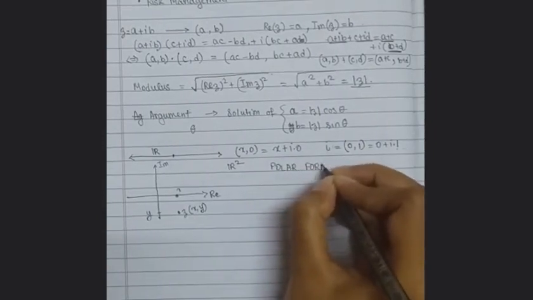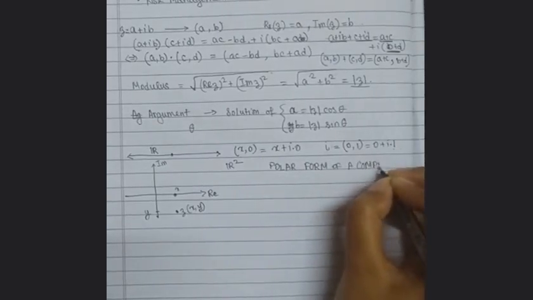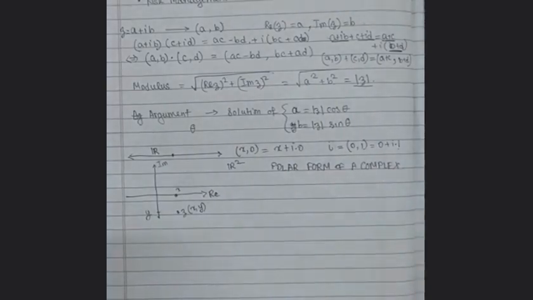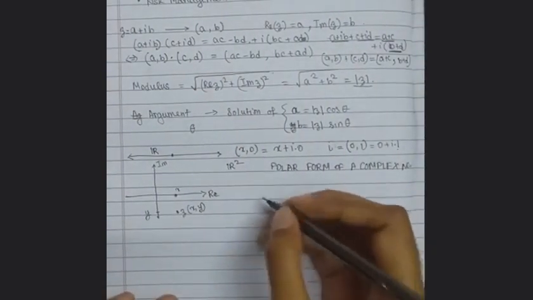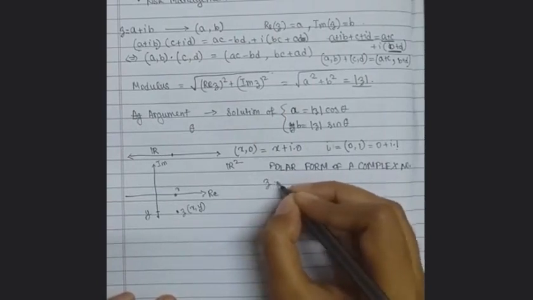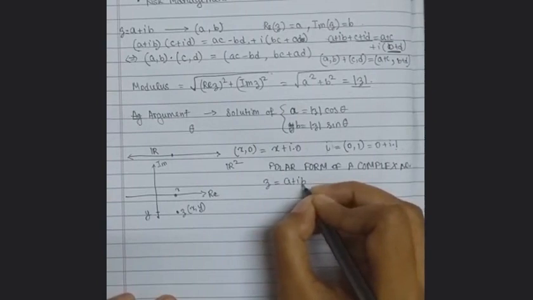There is another way, which is the polar form. Now, what is the polar form? It is basically like this. z, we know it can be written as a plus ib, right?